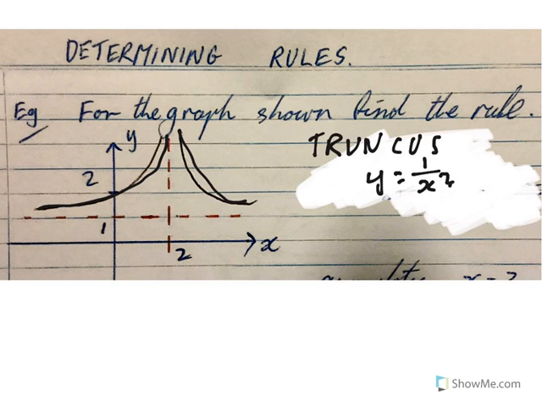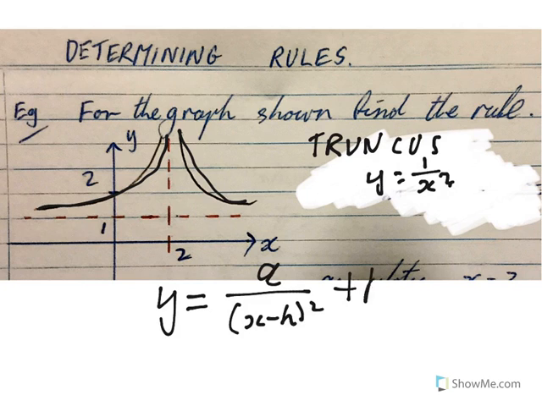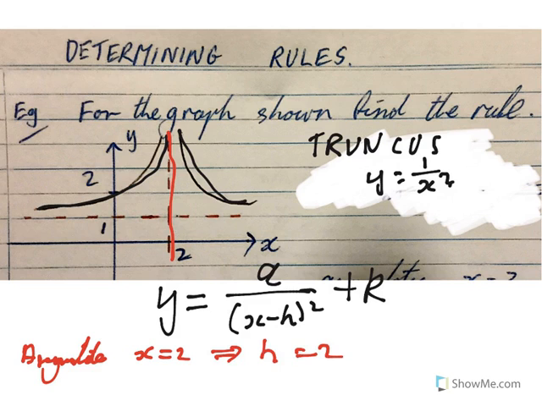So the transformations that we would have would be y equals a over (x minus h) squared plus k. We've already got a couple of bits of information that we know. We've got this asymptote here at x equals 2, and what that means is that h is equal to 2.